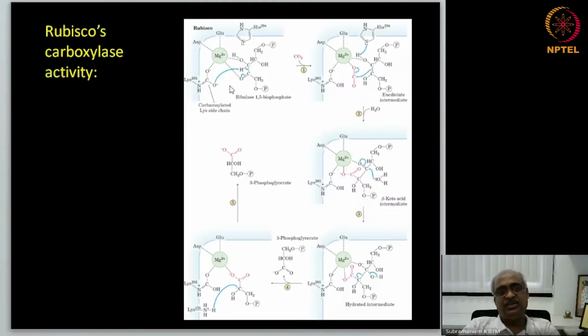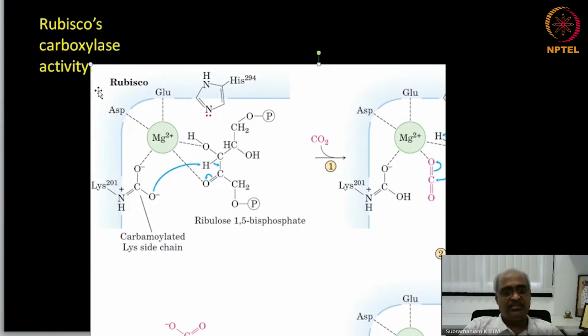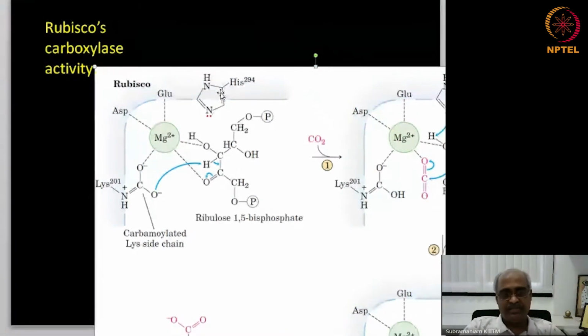And this shows the reaction mechanism. So here, as usual, this blue shaded area is the active site of the enzyme. Here are those residues. And this histidine we didn't see in the previous one, because the previous one was only focused on how magnesium is coordinated. But for catalysis, this nitrogen becomes important, and that is why that is shown here.